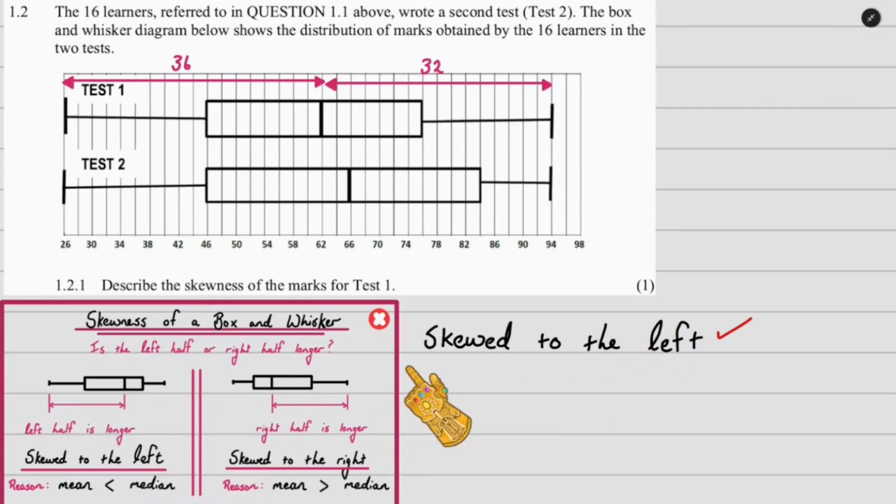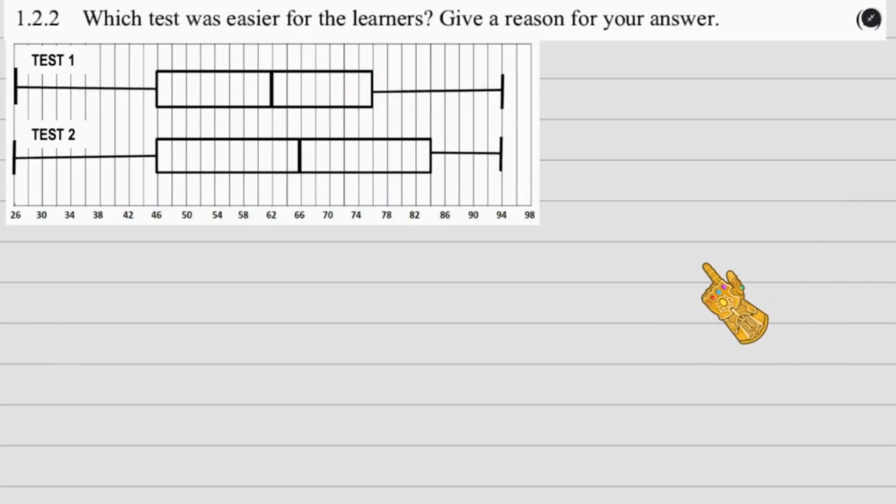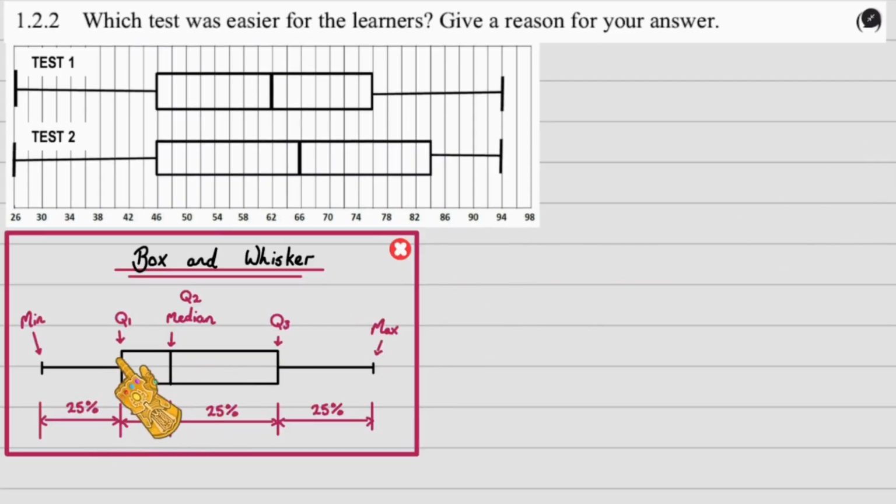And now we need to determine which test was easier for the learners. Give a reason for your answer. Now, something you need to know about box and whisker plots is that it divides the data into quarters. So each little division on a box and whisker plot is 25% of your data sample.